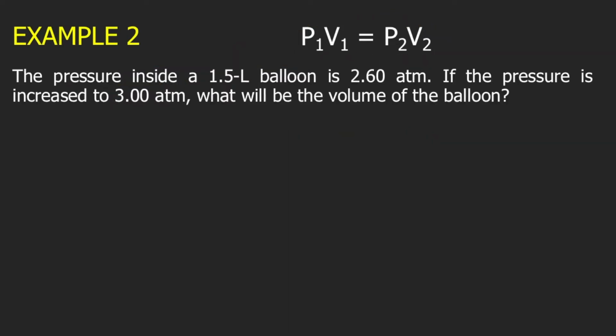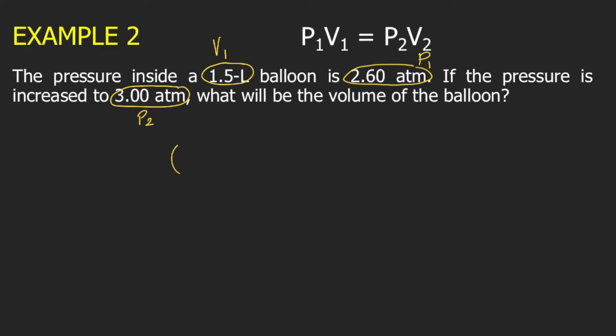For example 2, the pressure inside a 1.5-liter balloon is 2.60 atm. If the pressure is increased to 3.00 atm, what will be the volume of the balloon? So 1.5 liters is your V1, 2.60 atm is P1, and 3.00 atm is P2.